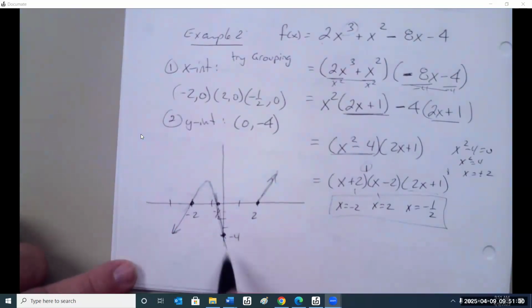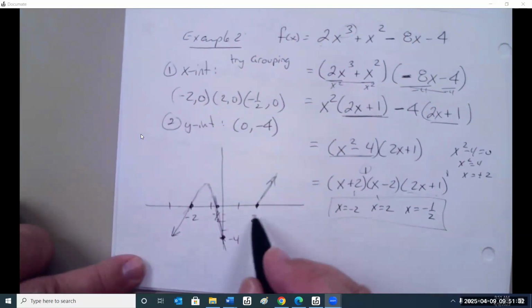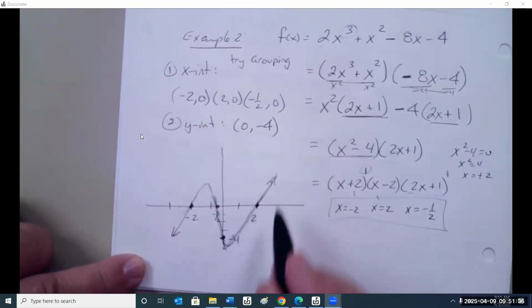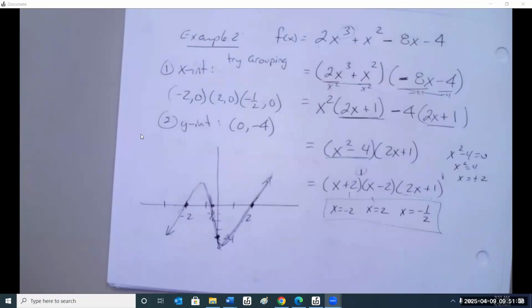And it has to go down to that y-intercept. And we know it has to cross again because it has to be going up. So there's our graph. Pretty straightforward.